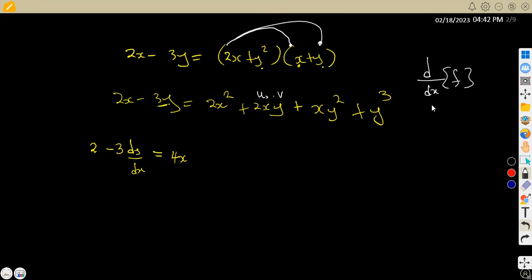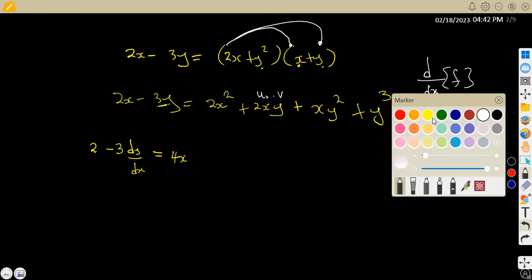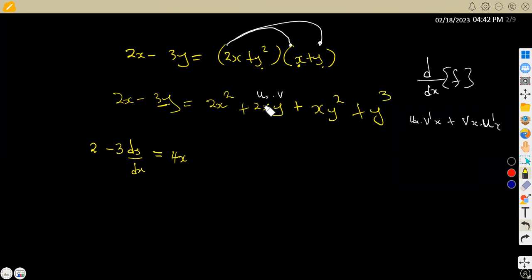So remember that from our formula, we had u', the first derivative of u, times v, plus v', the first derivative of v, times u. I don't know which way you want it to be written? Okay, so that means this can be our u, which is 2x as it is. So this is going to be plus 2x.